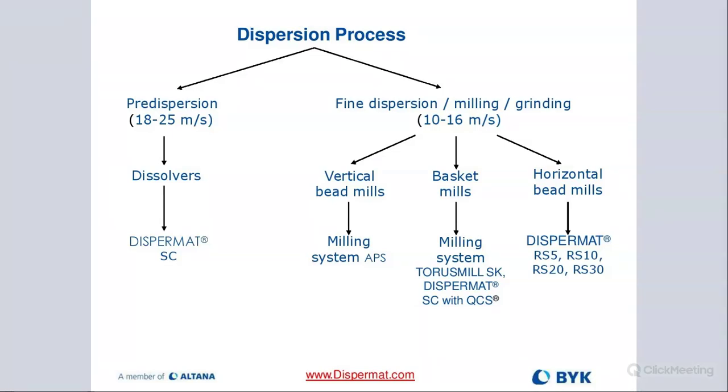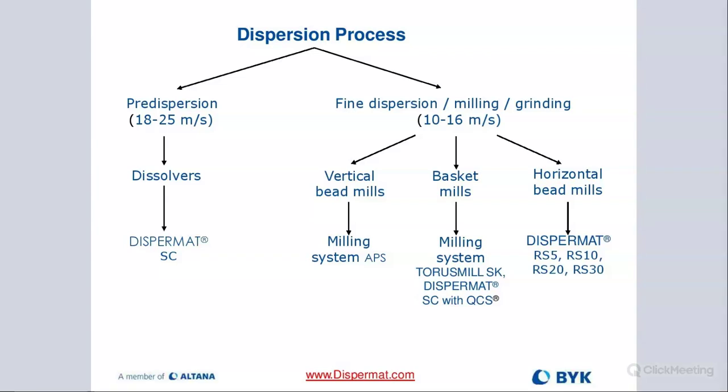We use a dissolver, and for production, we have the Dispersion line SC. We cover that in more detail a few slides later. For milling, it's fine dispersing, grinding. Our tip speed is 10 to 16 meters per second, so you can see quite a bit slower.